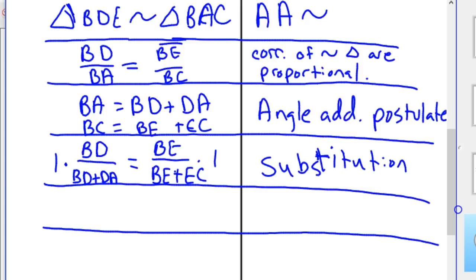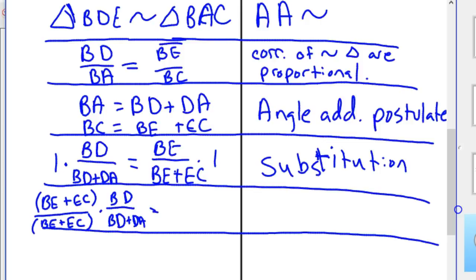On the left side, we're missing a BE plus EC over BE plus EC, and then times BD over BD plus DA, and the same over here, BE over BE plus EC, and the same times 1 times the other side, which is BD plus DA over BD plus DA, on top and bottom.